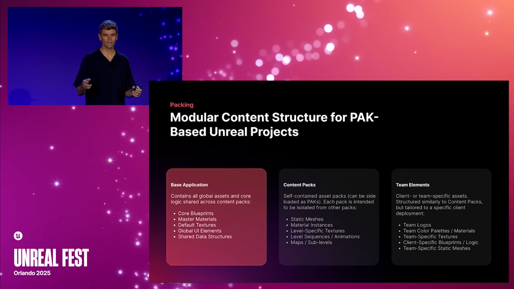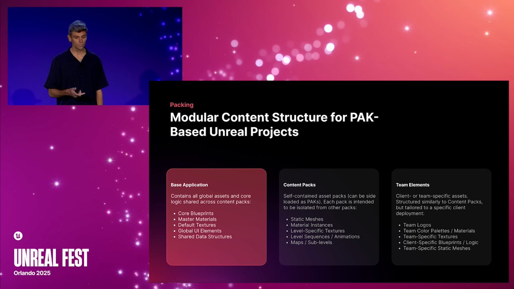So in our case, like I said, the console is the base app, and then each one of our motion graphics packages, which we deliver, is a separate content pack, and that allows us to modularly update or upload those to a content hub that our end users can download and sideload into the engine like a cartridge. So yeah, those are the two big ones.